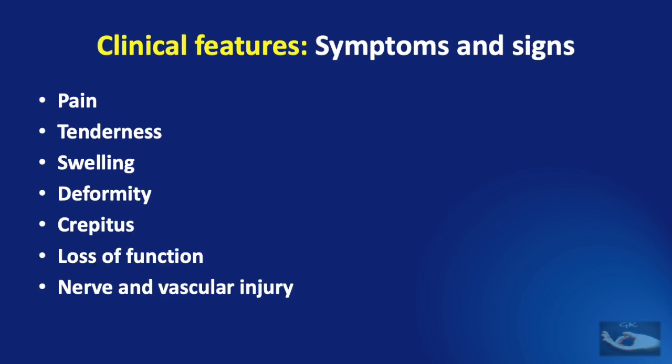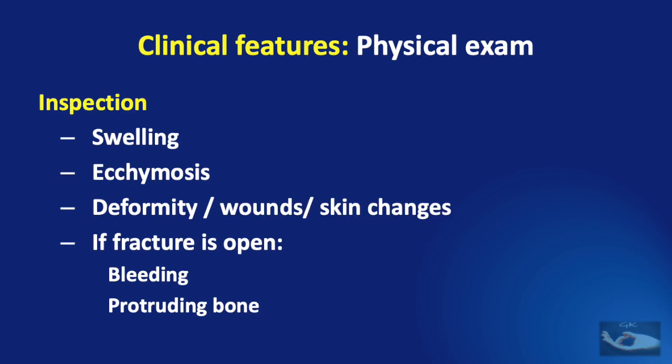Though commonly a patient with a fracture of the hand bones presents with pain, tenderness, or swelling, he can also present with a deformity, a crepitus, loss of function, or nerve and vascular injury. Inspection of the involved hand or finger would reveal swelling, ecchymosis, deformity, or wounds in the case of an open injury.